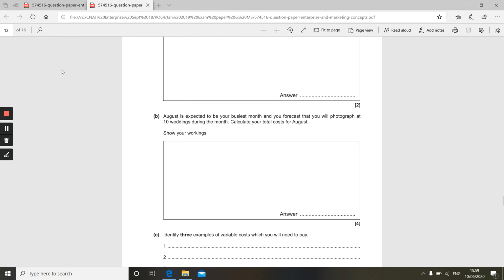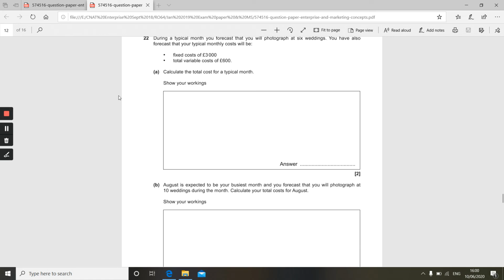Next question. It says August is expected to be your busiest month, and you forecast that you will photograph at least 10 weddings during the month of August. Calculate your total cost for August. Okay, so how do we work out total costs? Again, we said it's fixed plus variable. So we've got our fixed costs of £3,000, and then we need to add in the variable costs.